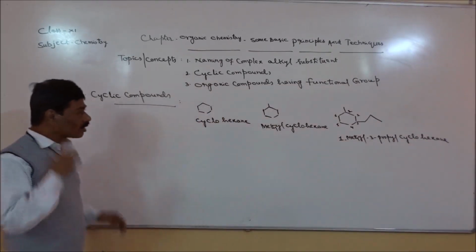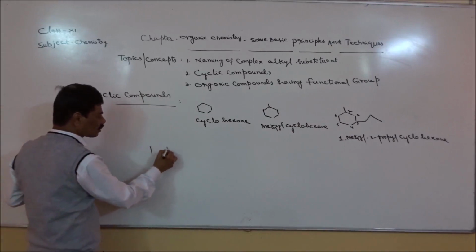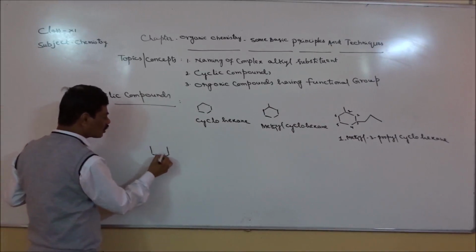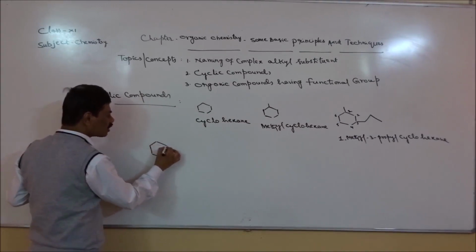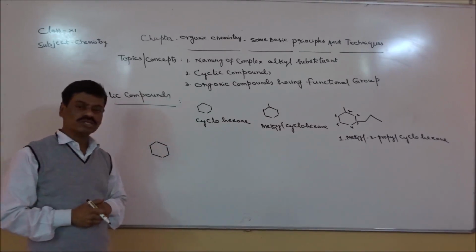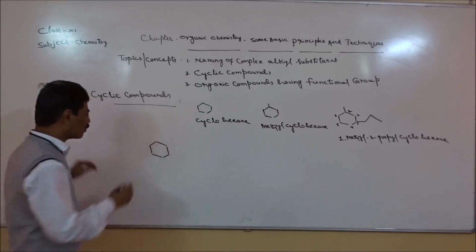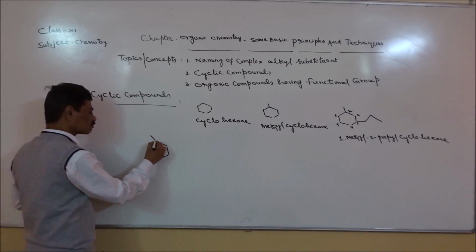Right. Now let us see the fourth example. In this example, we are going to see the position, meaning a particular carbon atom where there are two substituents connected at a time. It will be like this.